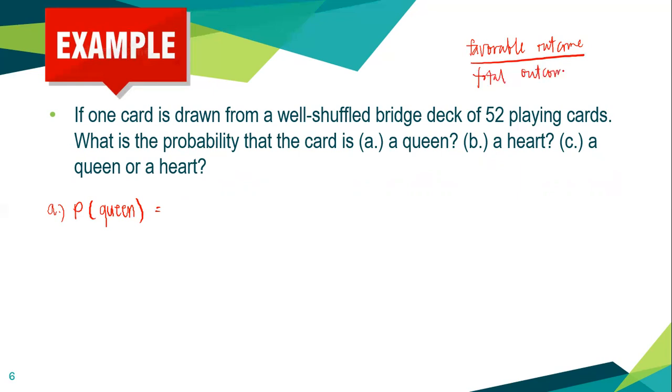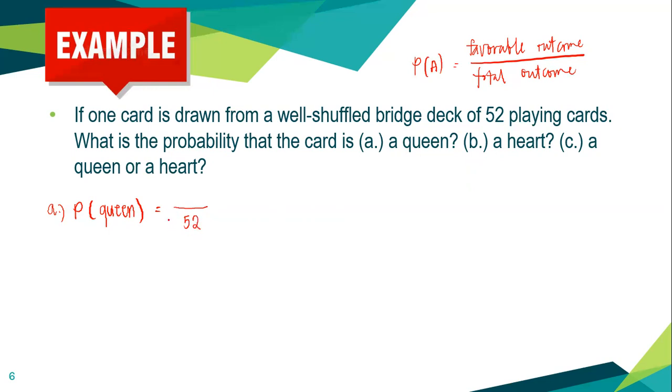So yan yung ginagamit natin to know the probability of a certain event. Tama? So probability of queen, unahin muna natin yung total outcome. So sabi dito, well-shuffled bridge deck of 52 playing cards. Ibig sabihin, ilan yung total cards na meron tayo? We have 52. Tama?